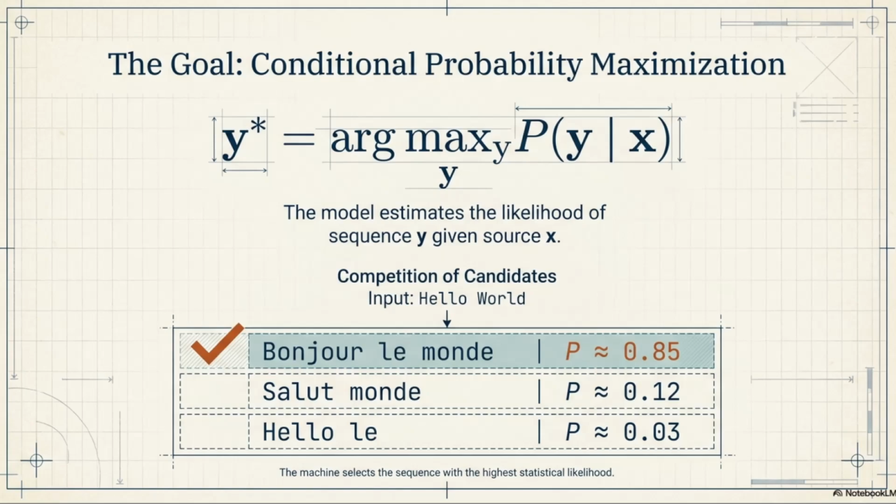In this example, our model considers many candidates. For example, "Salut monde" might have 12% probability, but "Bonjour le monde" has a 85% probability. Our mathematical goal is to train a model that assigns this highest mass to the correct translation.